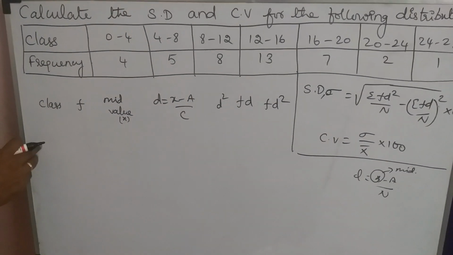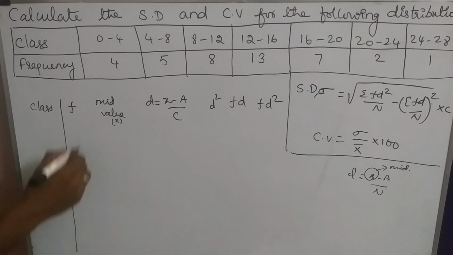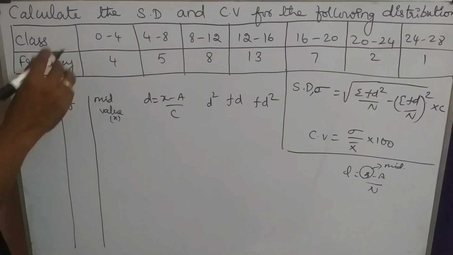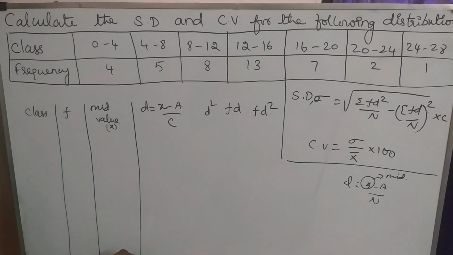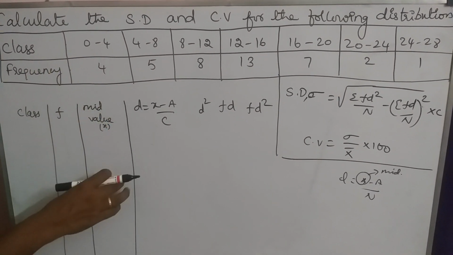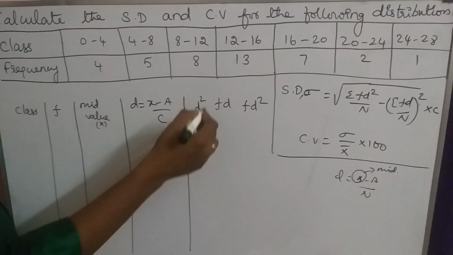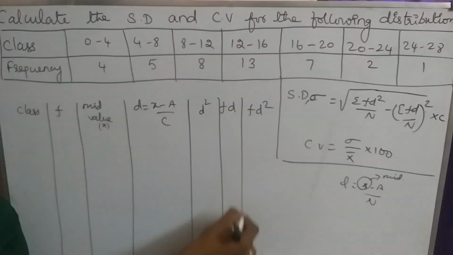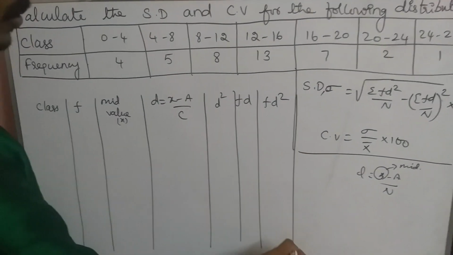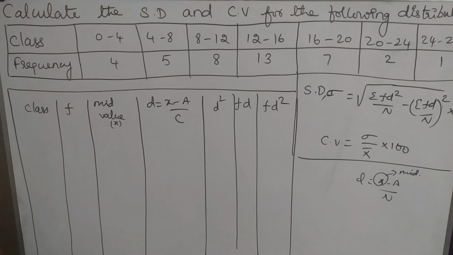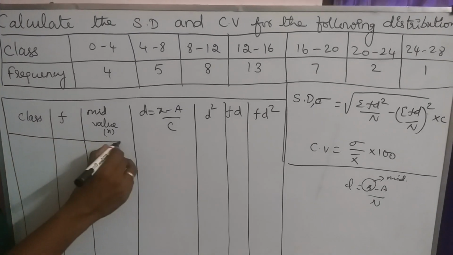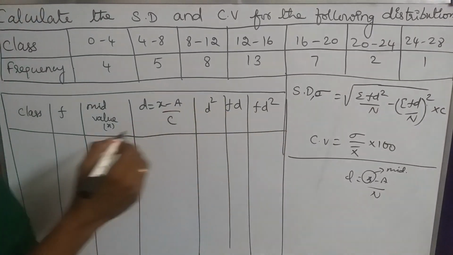Open the table columns: class, frequency, mid values, d, d square, and fd square. These are the tabular columns we need to calculate the standard deviation and CV.